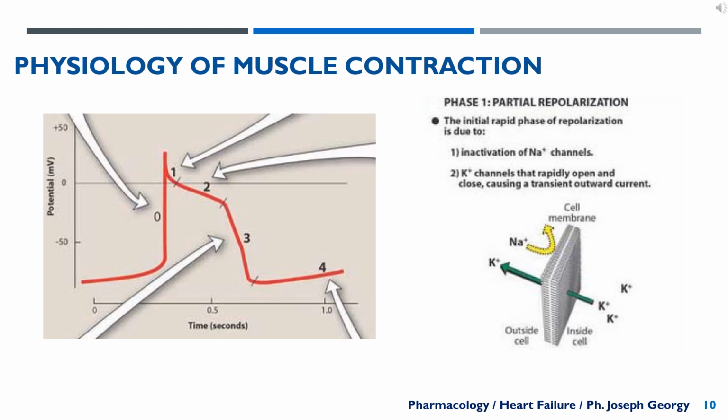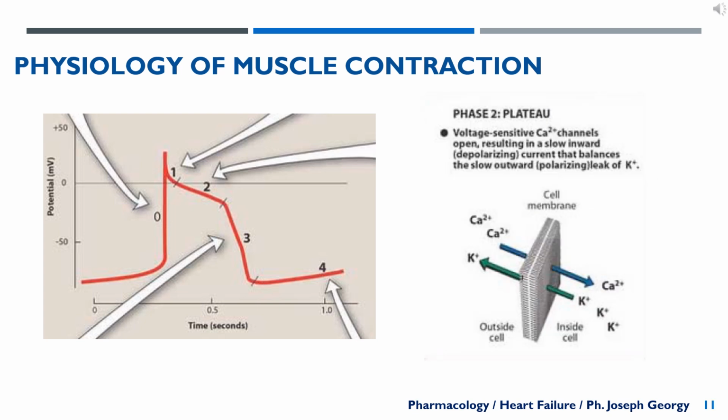Here, these alternatives are potassium ions, which are also positively charged ions or cations. So they will go out from the inside of the cell. The flow here is from the inside into the outside. So the initial rapid phase of repolarization here is due to inactivation of sodium channels and potassium channels that rapidly open and close, causing a transient outward current. So this is the main case here.